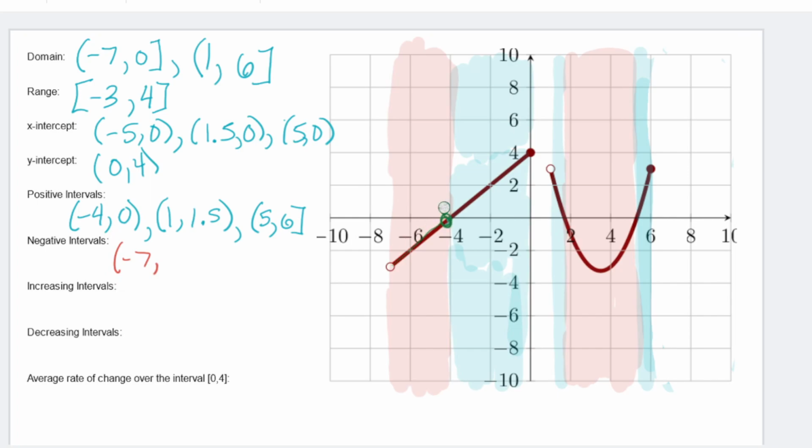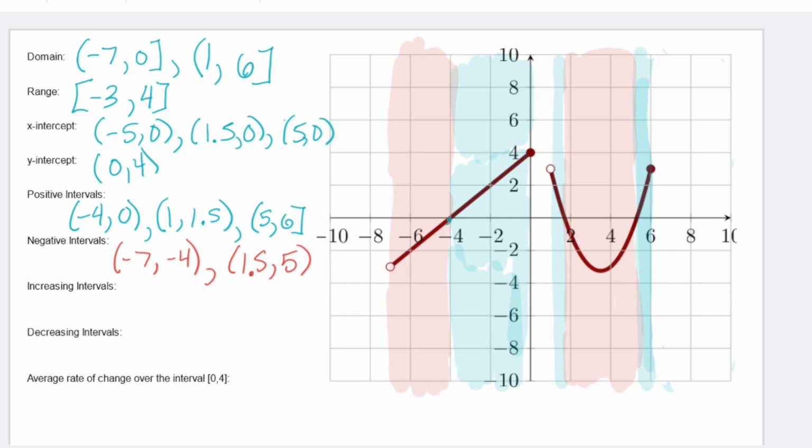Now, if I go to the right-hand boundary of this red section, it's at 0, and 0 is neither positive nor negative, so I don't include it. And then this piece here starts at 1.5, and again, that's at a 0, which will be exclusive. And then here at 5 is also exclusive because it's also at a 0. So I'm going to say comma, 1.5, 5. And notice I separated my intervals with a comma.